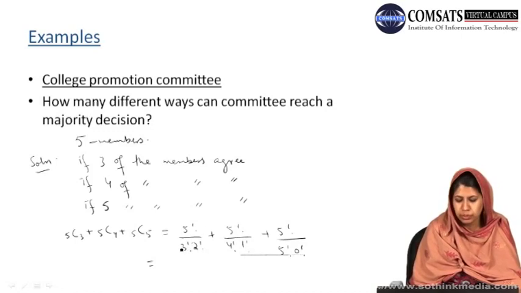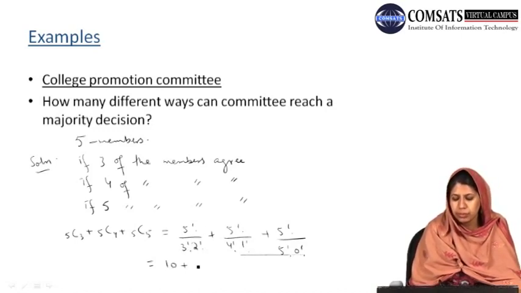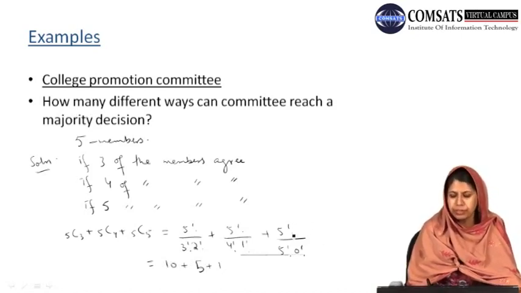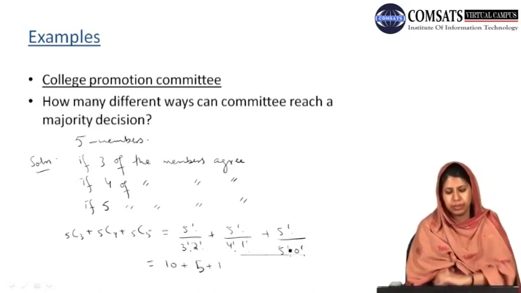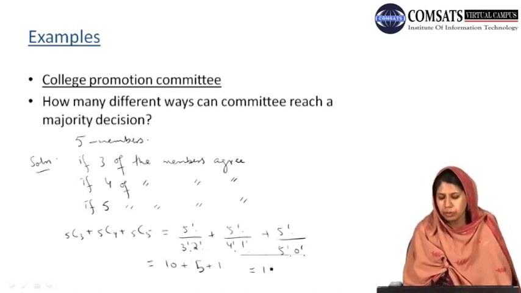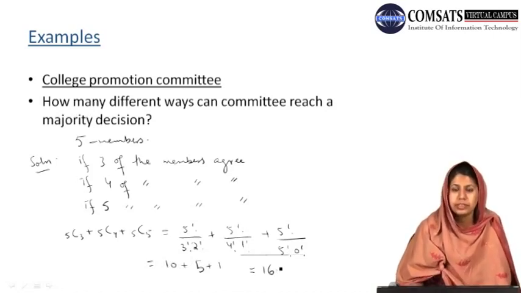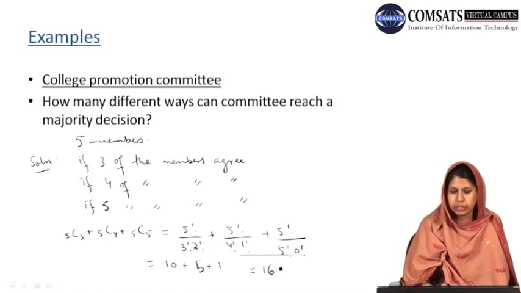Upon simplifying the first term we obtain 10, the second one we obtain 5, and here we obtain 1, because 0 factorial is 1, and 5 factorial divided by 5 factorial is 1. So the number of possible combinations in which a committee can reach a majority decision is 16. That is the sum of all the possible combinations.